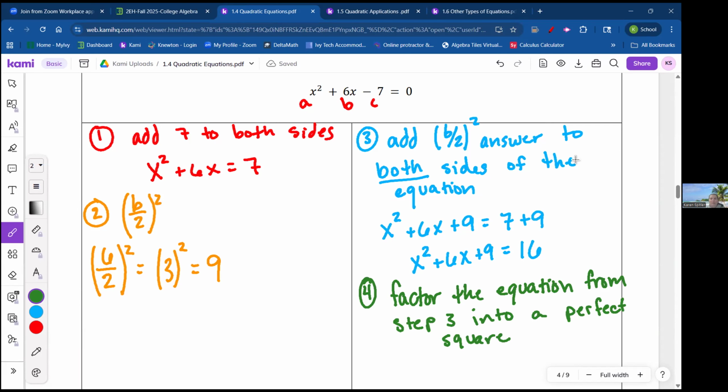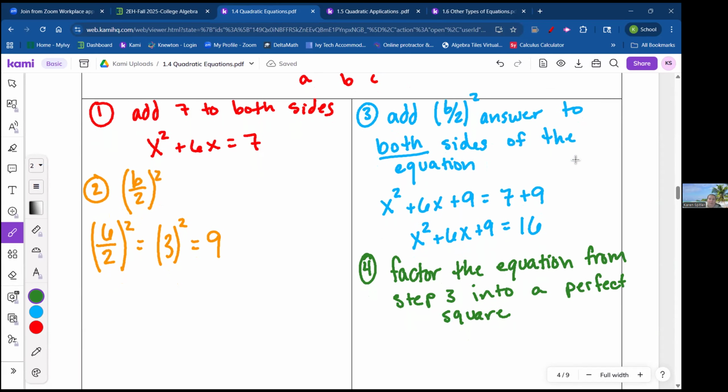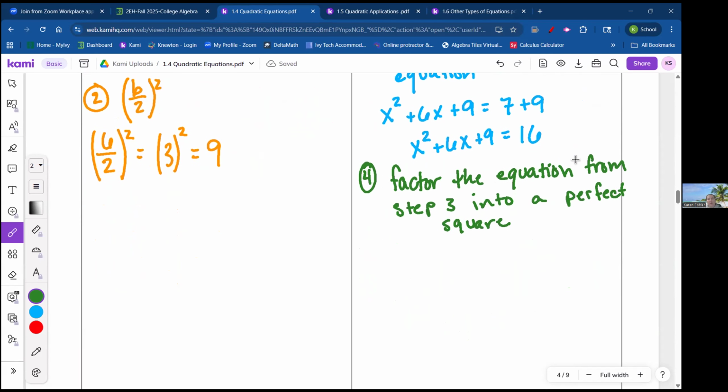Now, the perfect square, and you're like, well, how do I know what the perfect square is? This is where my little hint is. The perfect square is x plus whatever b divided by 2 was, and then the whole thing is squared equals whatever the number is.